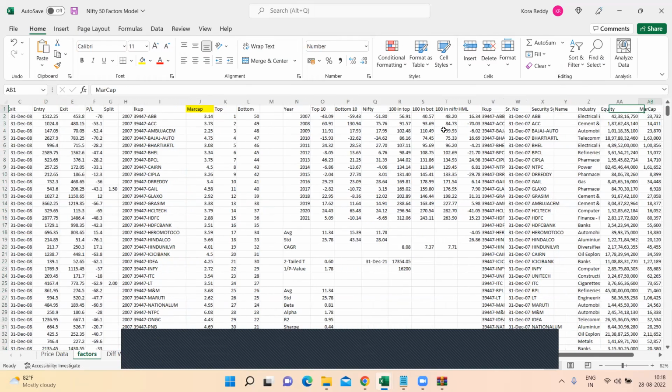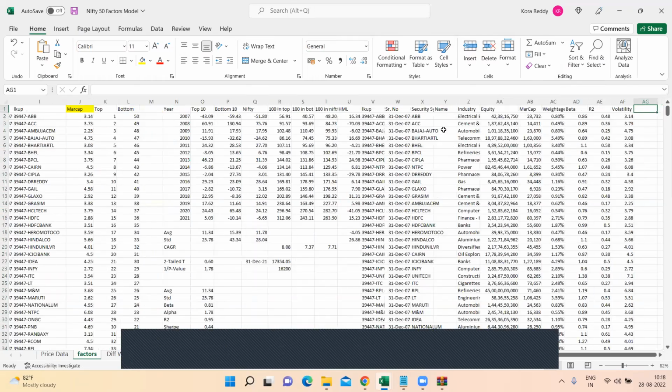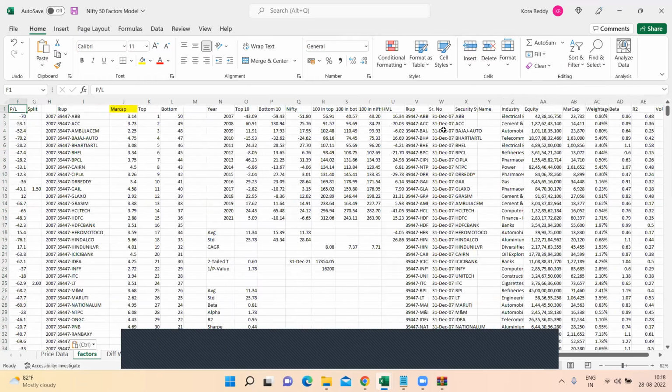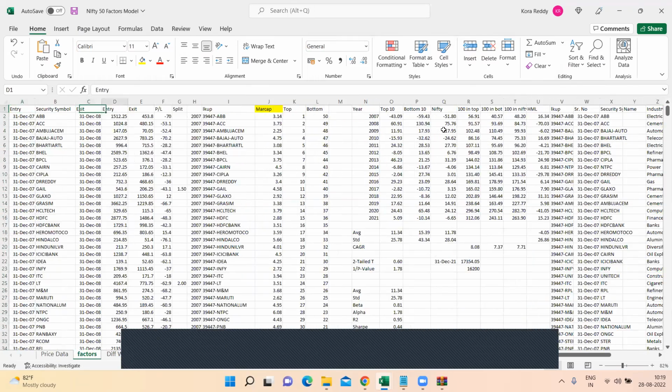You have the factors here, right? So now what I'm doing is I want to get that particular factor of I2. I2 is ABB and this particular date. Concatenate date, hyphen and B2. So this is the same thing I would have used here.